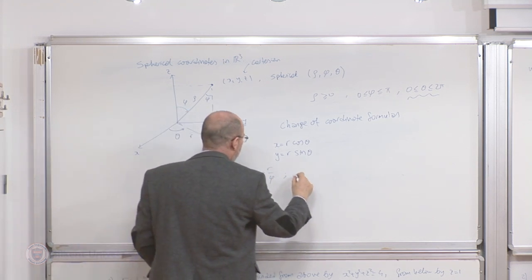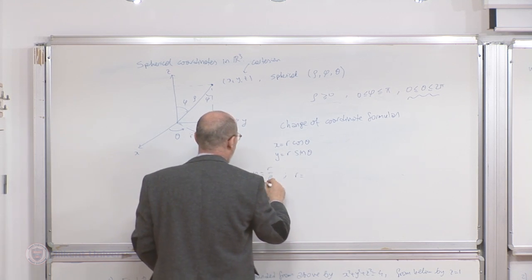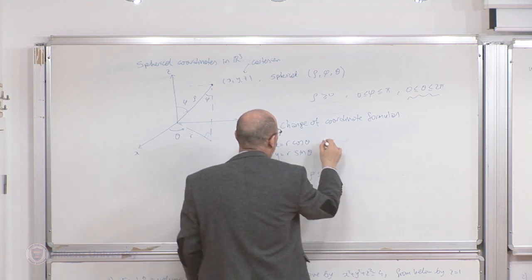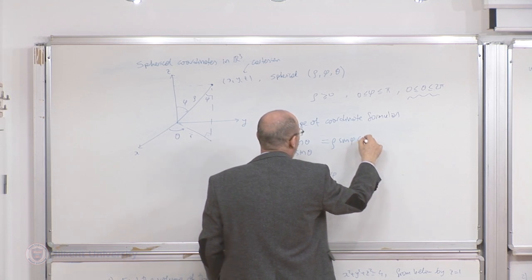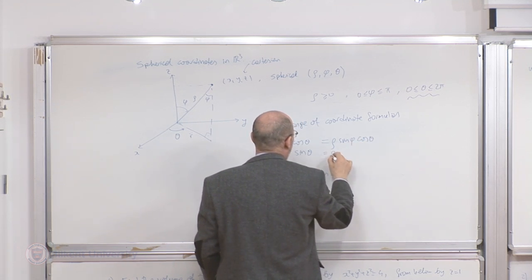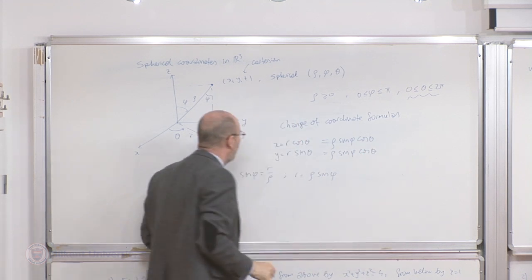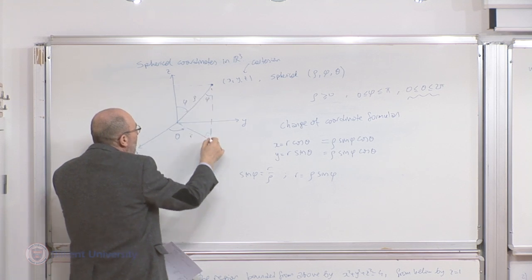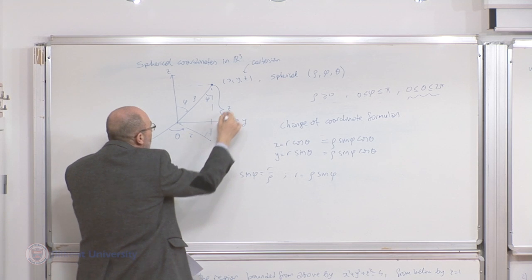So r is equal to rho sine phi. So this part is nice now: x is rho sine phi cosine theta. What is this other part? This part is z. So this whole thing is z.